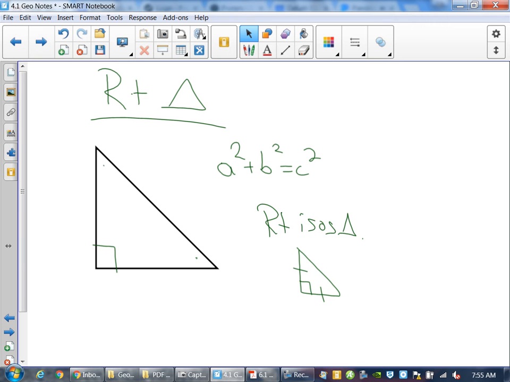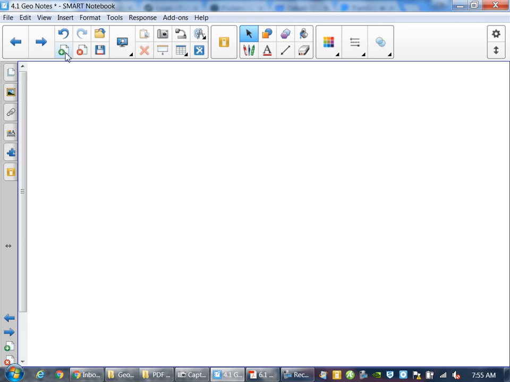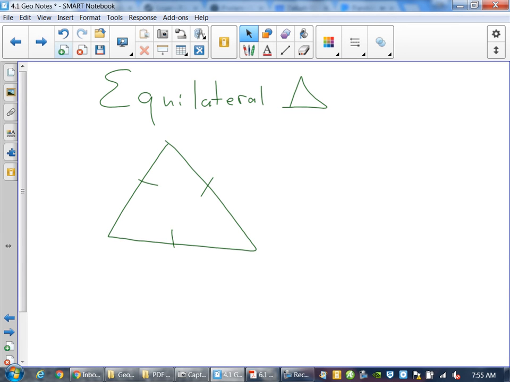Mr. Pitts, what was the other one you had? What triangle did you say it was? Equilateral. What does that mean? Do you remember? Very good. Equilateral triangle. An equilateral triangle has all three sides the same. If all three sides are the same, then all three angles are the same.